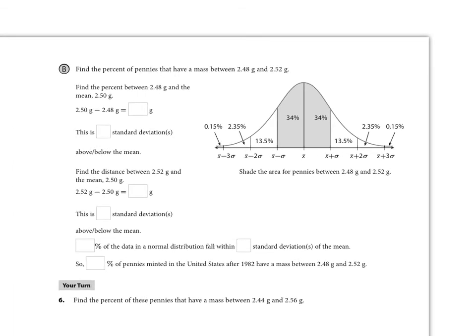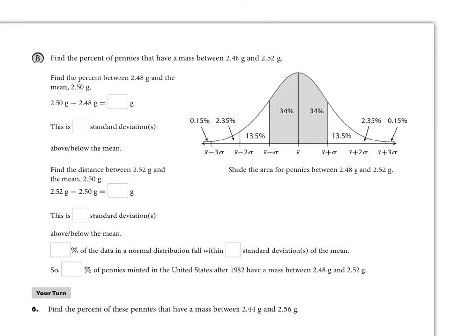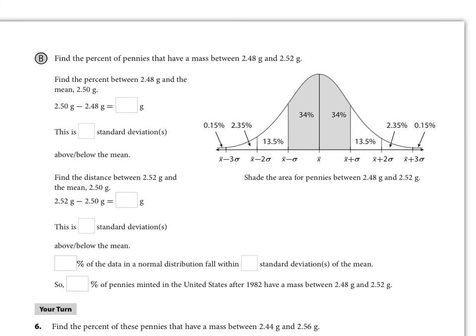So let's take a look at this part B. I'm probably not gonna fill in all of these blanks here, but we want to find the percent of pennies that have a mass between 2.48 grams and 2.52 grams. So I'm going to look at the previous page to see what our mean and our standard deviation was.